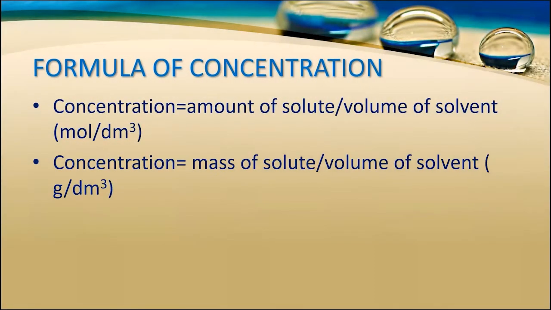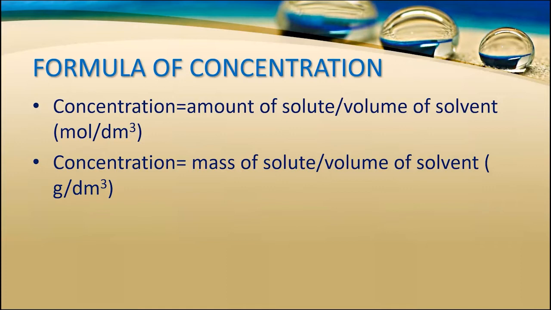Here we have the formula of concentration. We said by definition that concentration is the amount of solute per volume of solvent or per volume of solution. So the formula of concentration is given as amount of solute over volume.